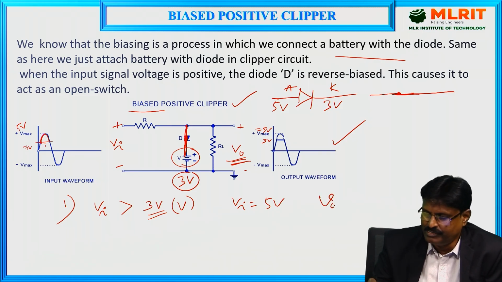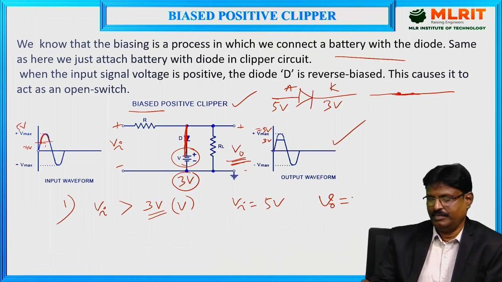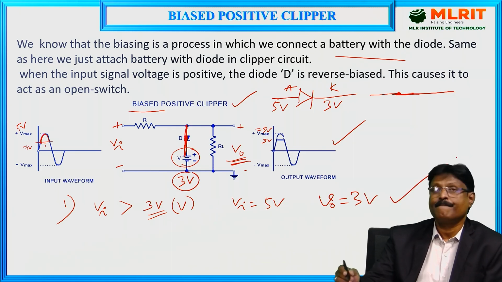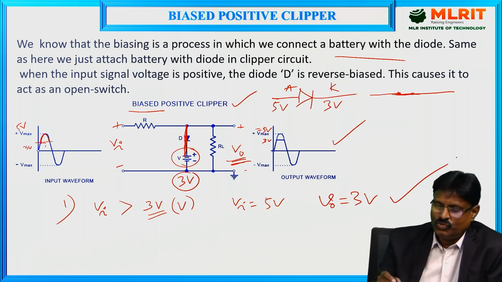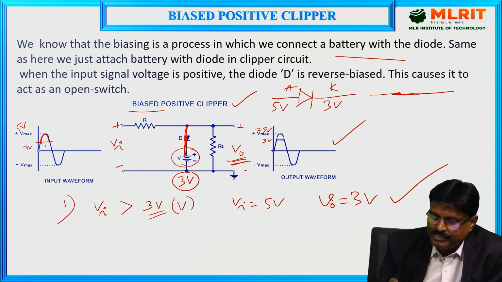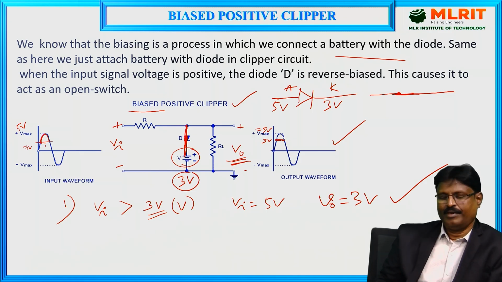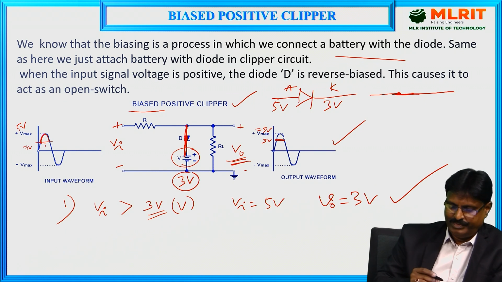V0 is equal to 3 volts. So above this 3 volts, whenever the input voltage is greater than 3 volts, the output voltage is fixed at 3 volts, like this. So that is case 1.